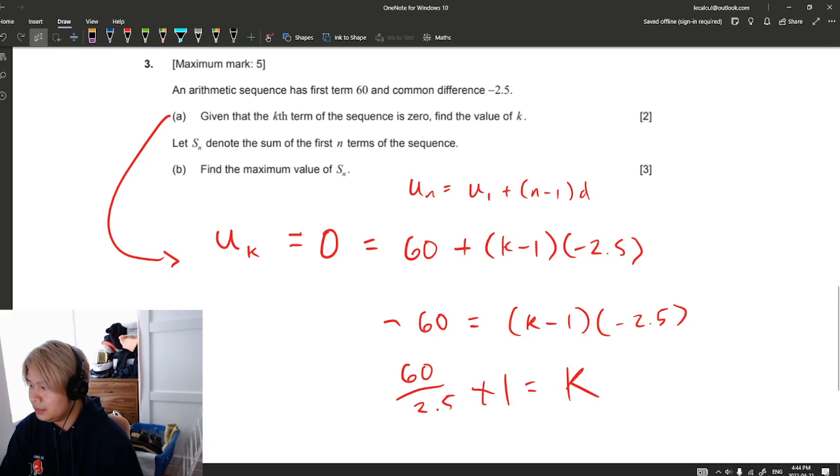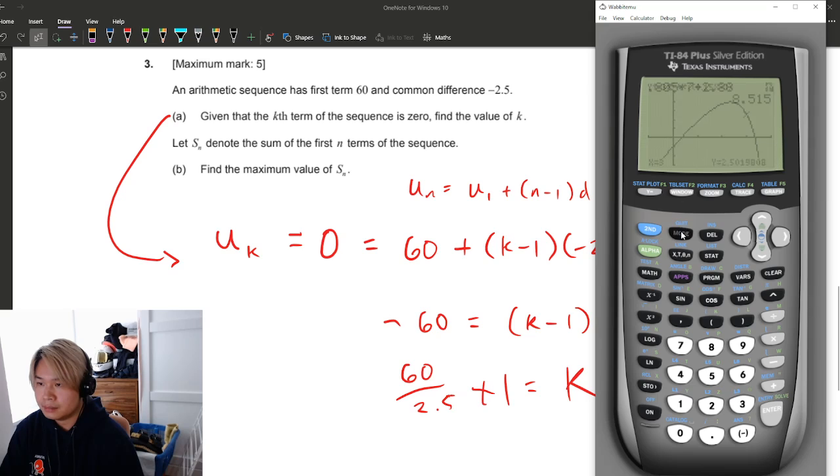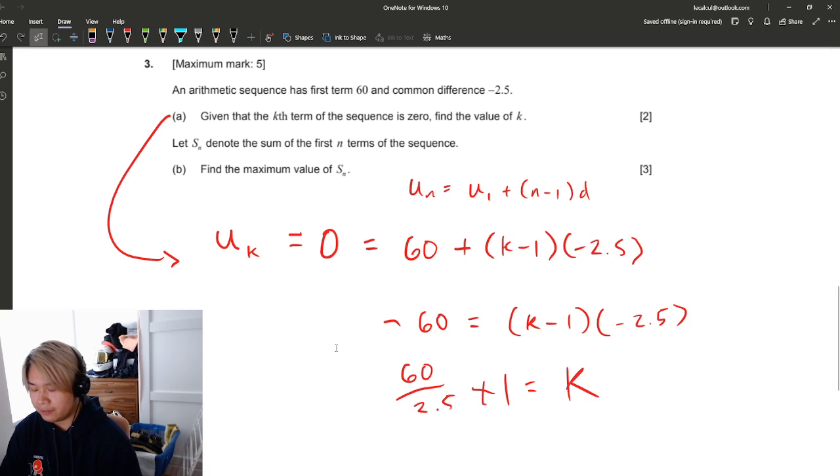Okay, from here, what is this? 60 divided by 2.5, 24 plus 1, 25. Okay, so the 25th term in this sequence is 0.